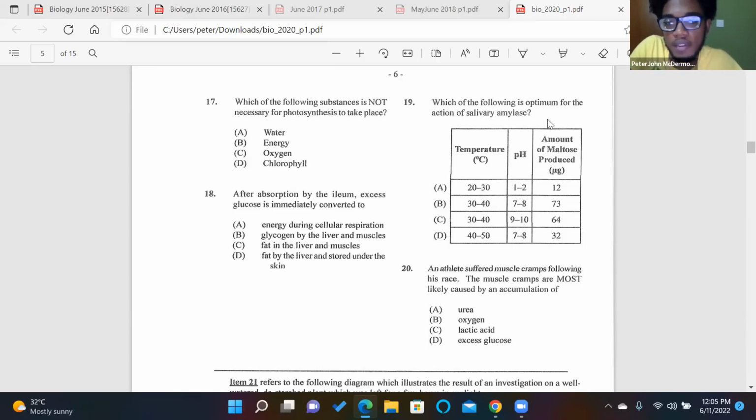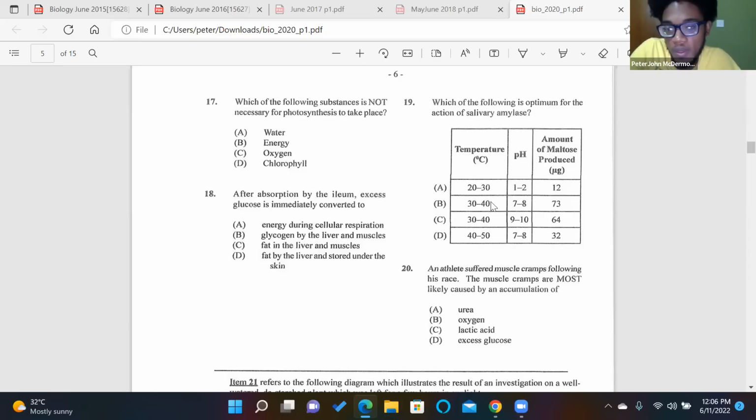So salivary amylase. What's normal human body temperature? 36. Yeah, around 37 degrees. So 30 to 40. We're thinking about your mouth, by the way. Saliva is in your mouth. What's the temperature in your mouth? 30 to 40.